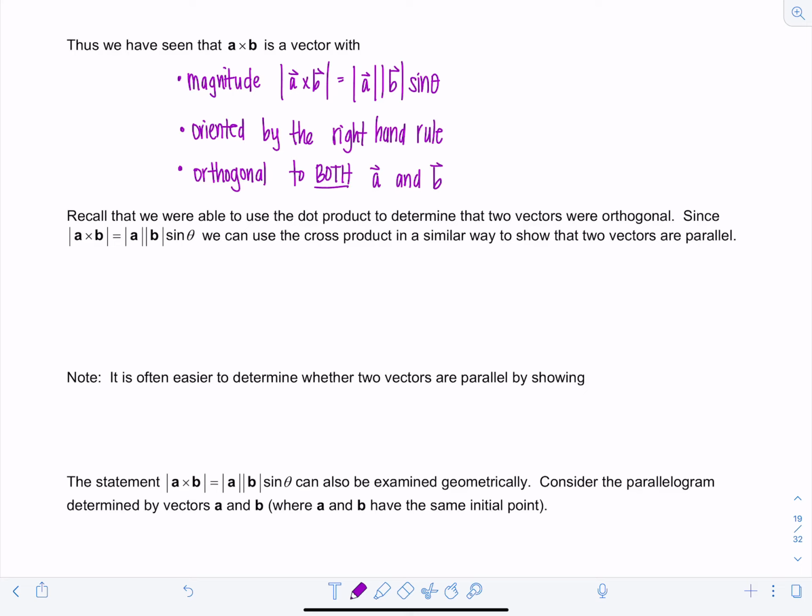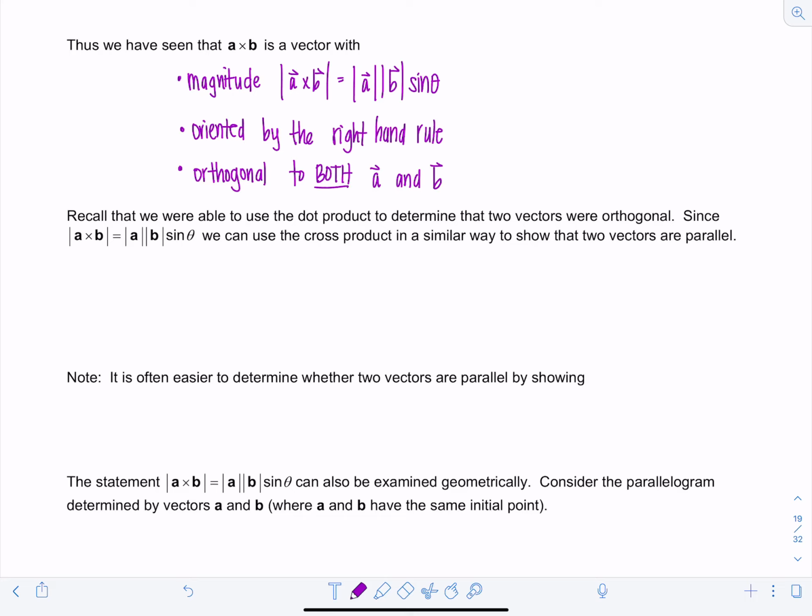Now remember, we were able to use the dot product to determine that two vectors were orthogonal. Remember, if we took the dot product of two vectors and the result was 0, then that meant cosine of the angle between them was 0, which meant that the angle was 90 degrees, so they were orthogonal. Now, since the magnitude of the cross product is equal to the magnitude of A times magnitude of B times sine theta, we can use the cross product in a similar way to show that two vectors are parallel.